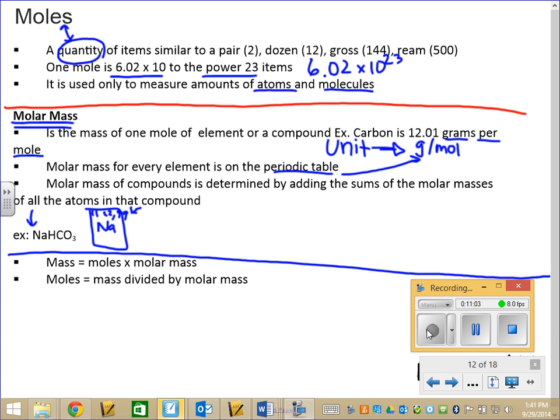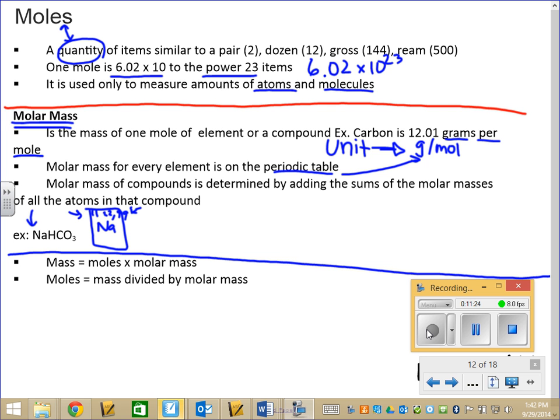So on your periodic table, on the right side, there's a little box. It's iron as an example, and it shows you what all of the numbers represent. And it even tells you that the atomic molar mass is measured in grams per mole, in case you forget. So every element's mass is on the periodic table.